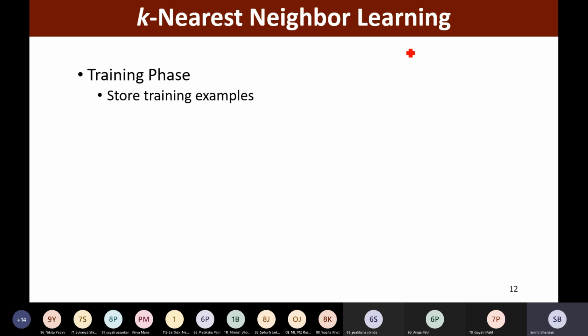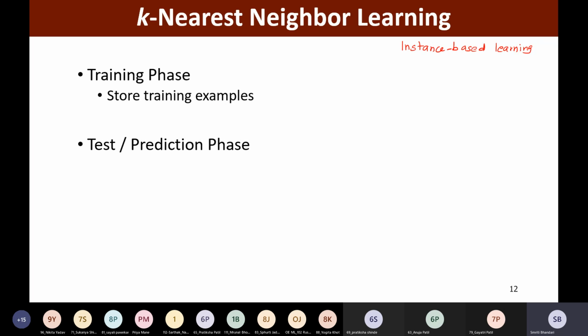As I stated earlier, this KNN algorithm is an instance based learning algorithm. So in instance based learning, in the training phase, we are simply storing the training examples. We are not computing anything in the training phase.